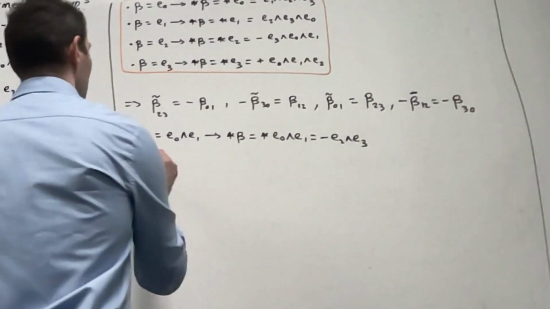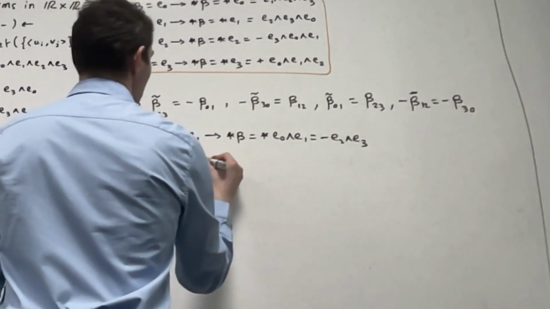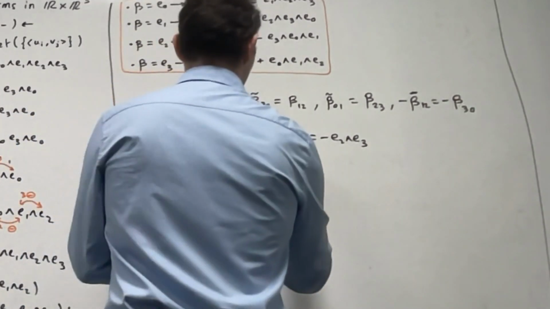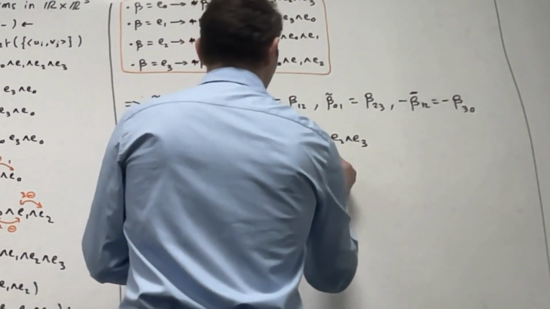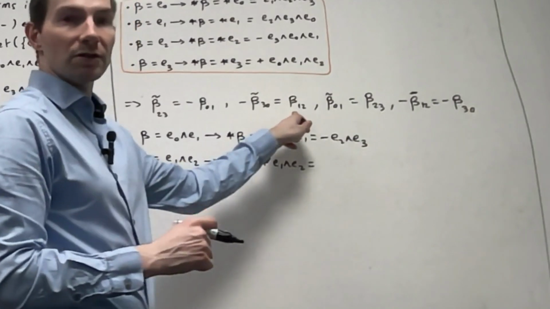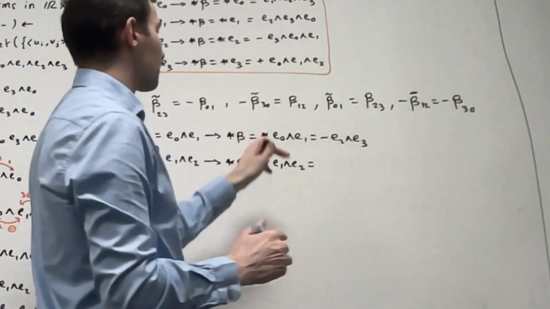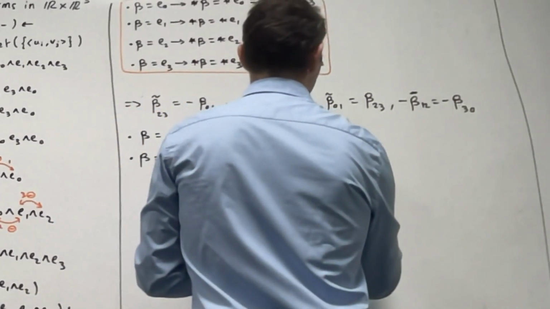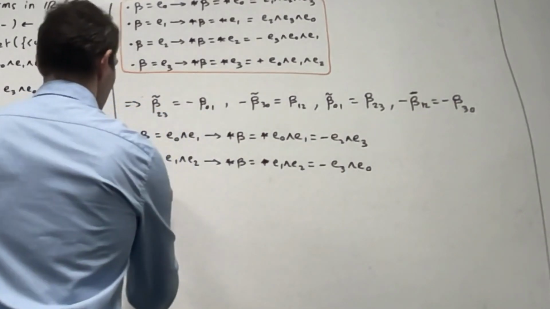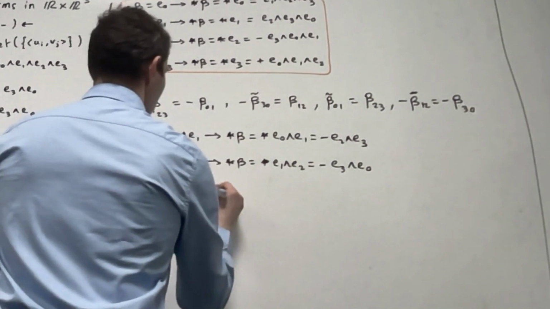Likewise, if beta is equal to E1, E2, then star beta is star E1, E2. So here beta 1, 2 is equal to 1, and that corresponds to minus what is in front of 3, 0. So that's minus E3, E0.